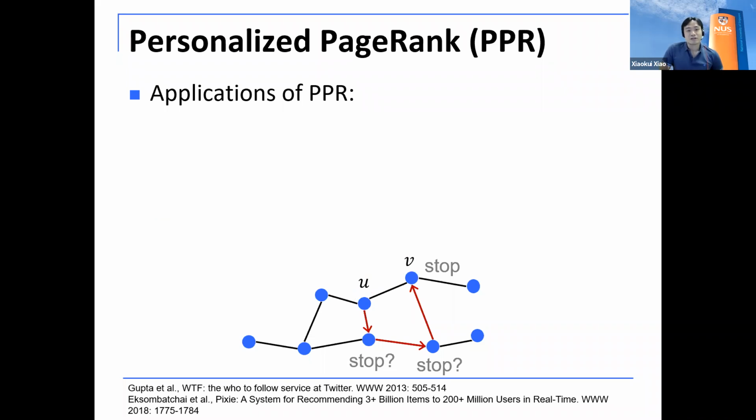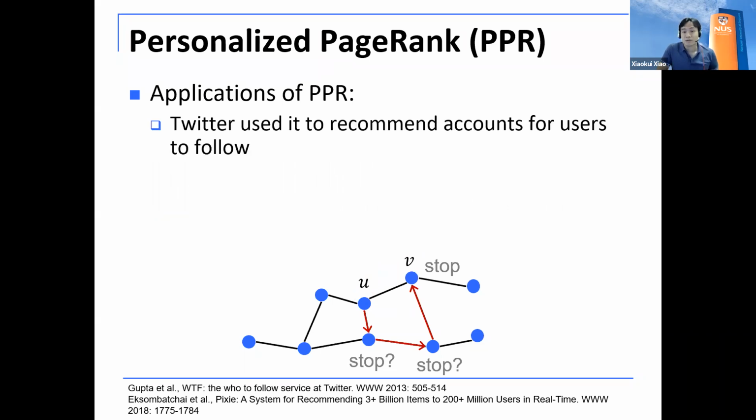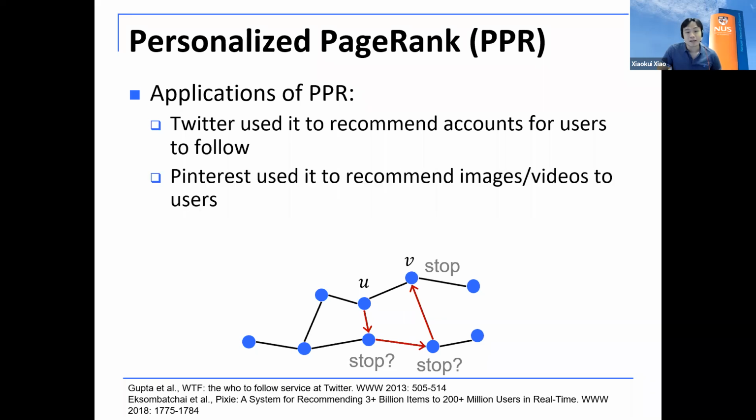So personalized PageRank has actually been used in quite a few prominent applications in practice. For instance, Twitter used personalized PageRank to recommend accounts for users to follow in a service that they called Who to Follow, or WTF. As another example, Pinterest used personalized PageRank to recommend images and videos to users.